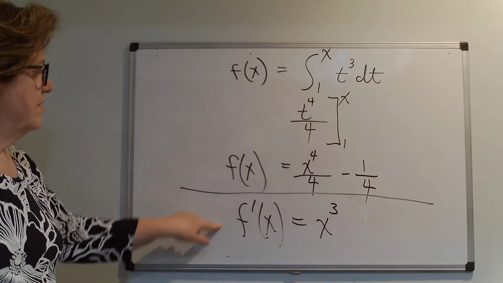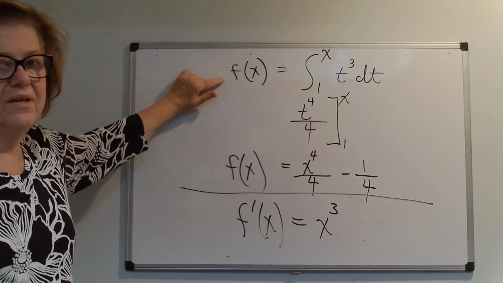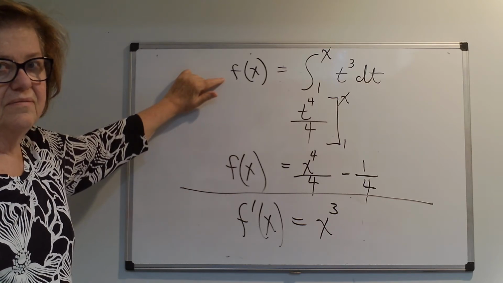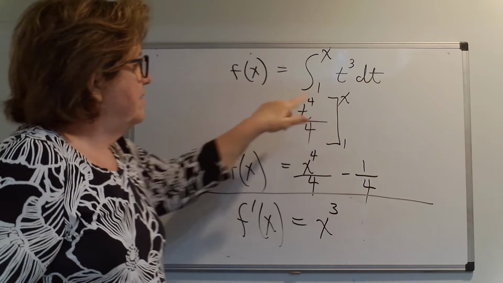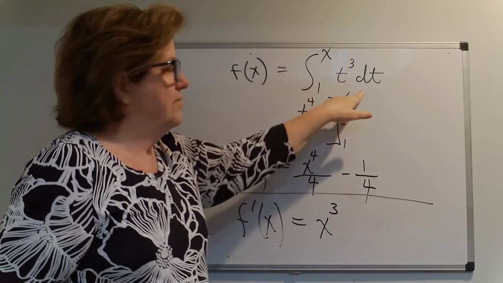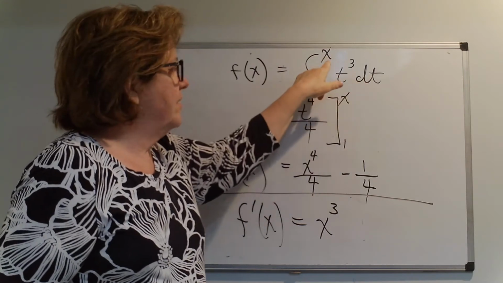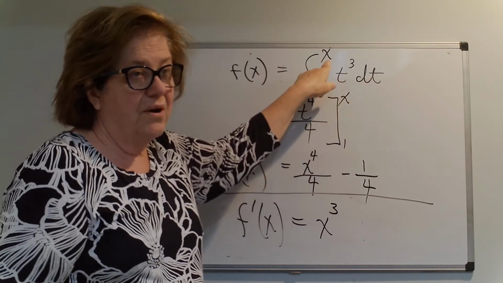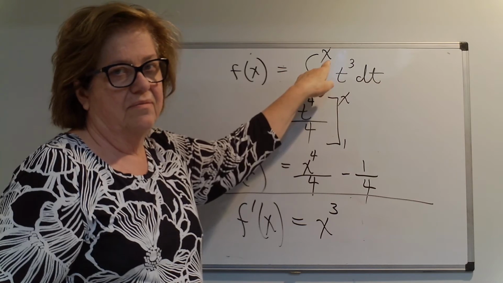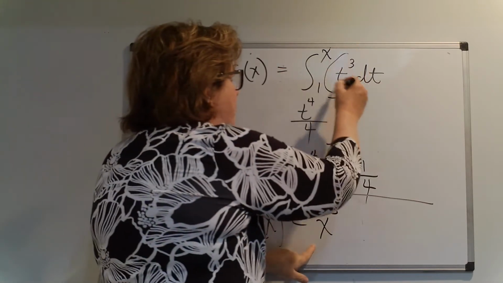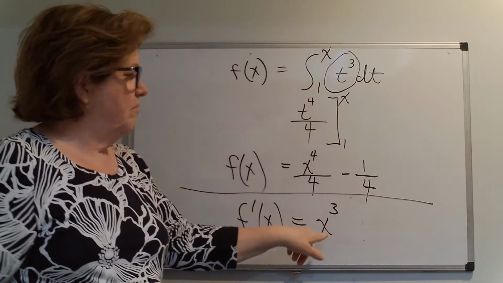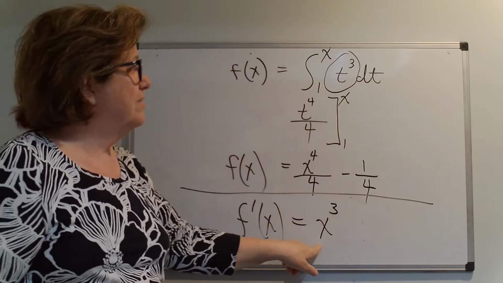So notice, when I'm given an integral, and I take an integral like this, where the upper bound is some variable value x, all I get is this same function back with an x instead of a t.